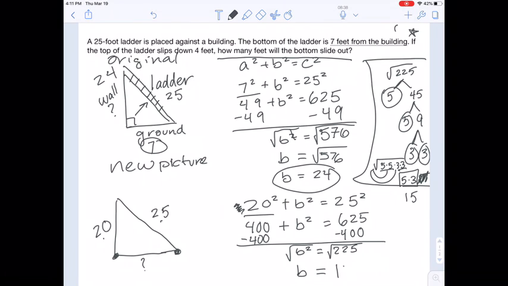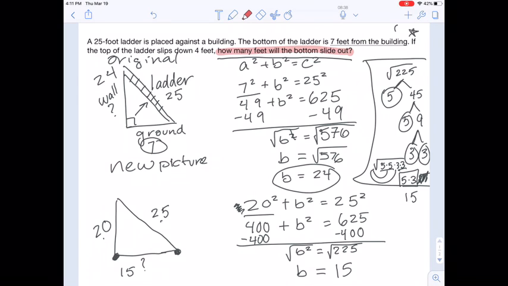So you fully simplify the square root of 225, you get the value of 15. That means 15 is now how far the ladder is from the building. It's 15 feet. So what is the final answer to our question? Our initial question, let me remind you, is how many feet will the bottom slide out when the ladder slips down 4 feet?